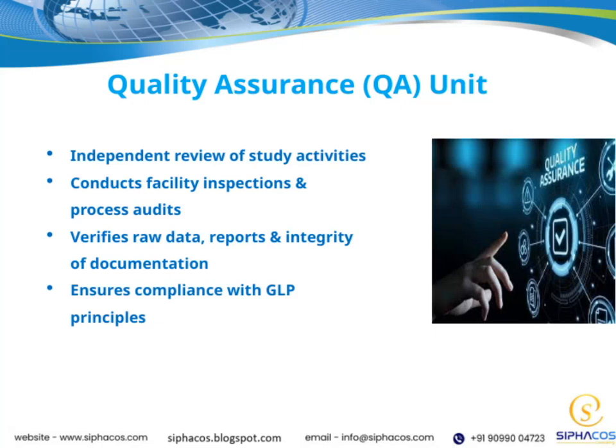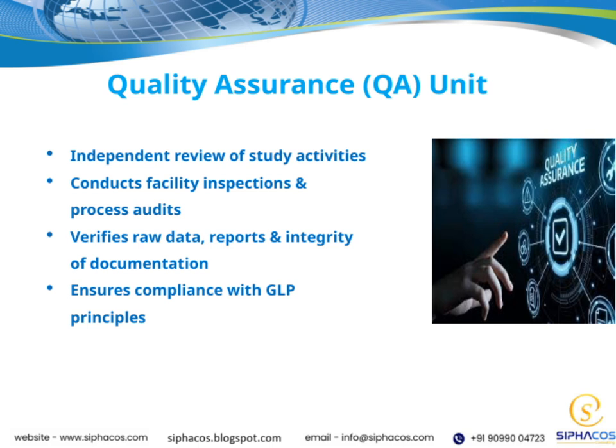Now, let's take a closer look at the role of the independent review of study activities. This is a critical part of our quality assurance process. It involves conducting thorough facility inspections and process audits to ensure everything is running smoothly and according to protocol. These inspections help us identify any potential issues early on and maintain high standards throughout the study.